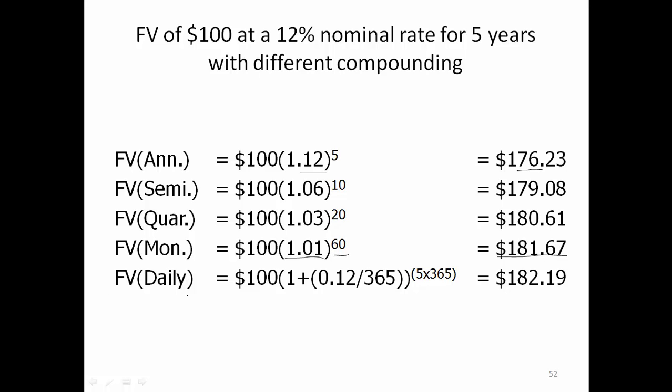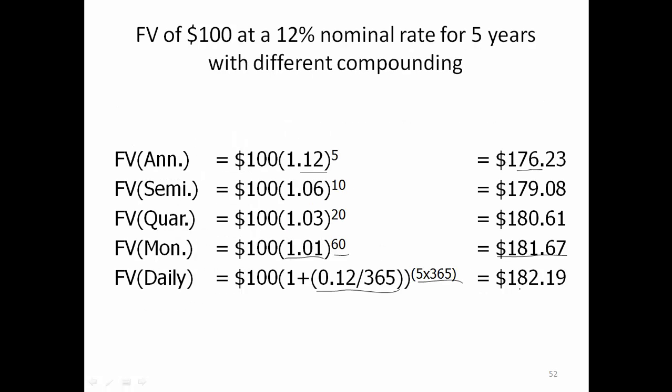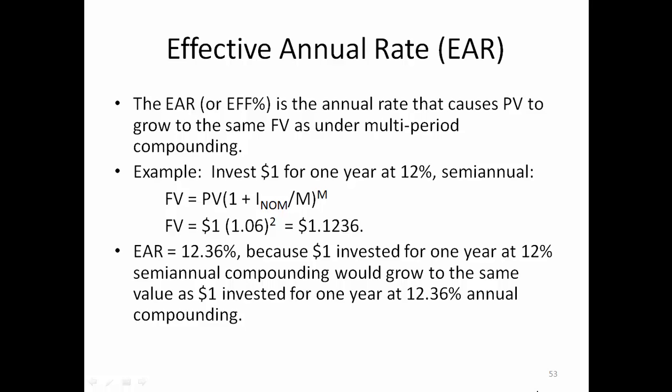If we're using daily compounding, then we're using this daily interest rate, then compound for these many days in 5 years, and then we end up with 182. So the idea is, the more frequent compounding you have, then the higher future value you will end up with. And this also gives you the idea that the more frequent compounding you have, then the actual effective annual interest rate will be higher.